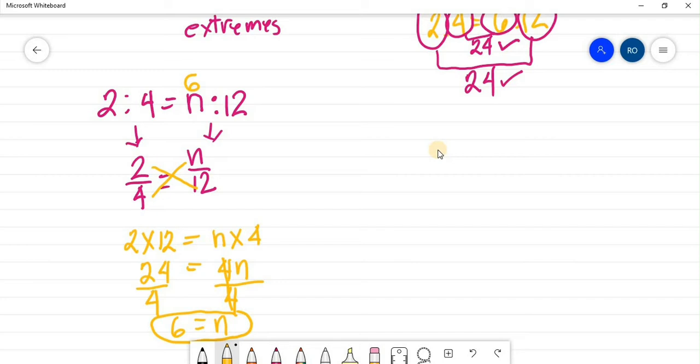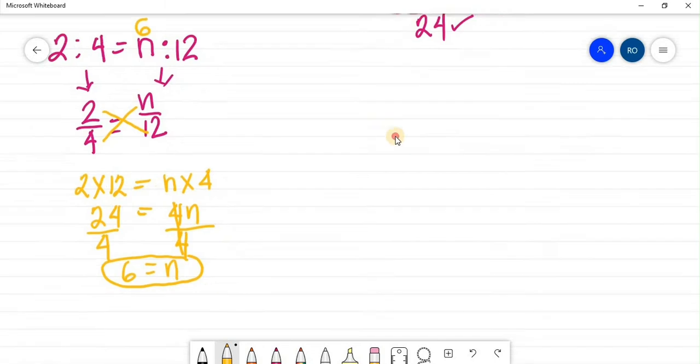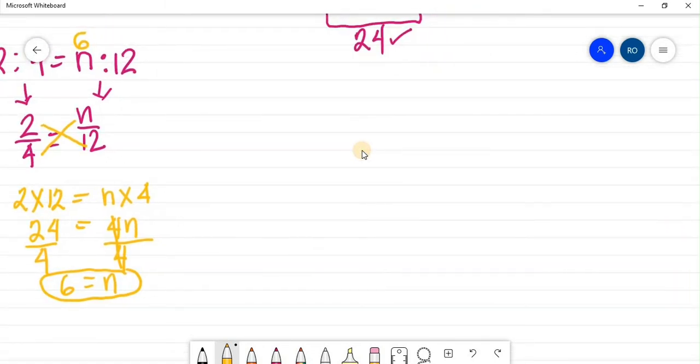Let's take another example, finding the missing term. Let's say we have n to 6 is equal to 24 to 12.